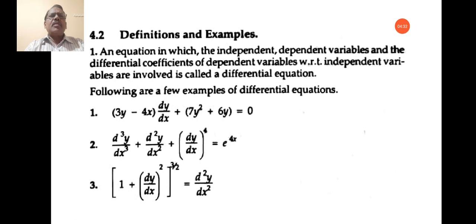Third equation, 1 plus dy by dx whole square, whole to the power of 3 by 2, is equal to d square y by dx square. So, here the order is 3.